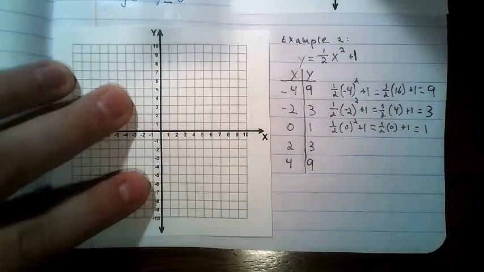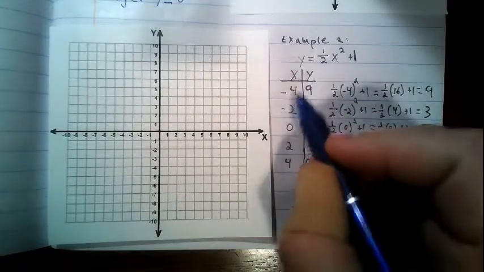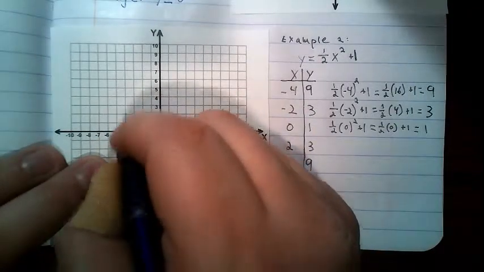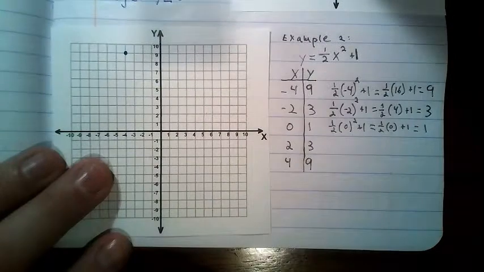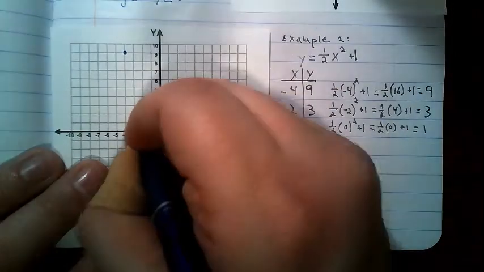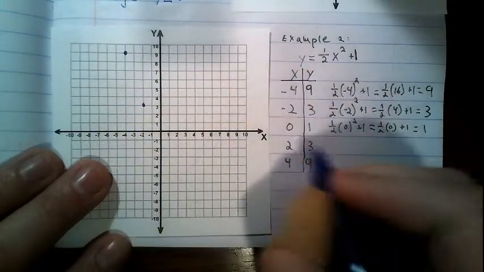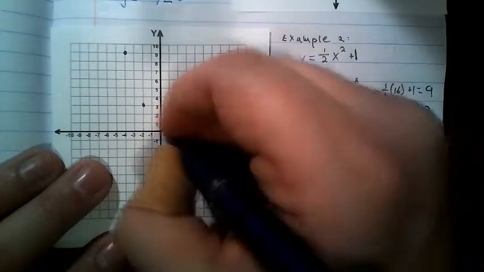Okay? So let's plot these points now. Negative 4, positive 9. So negative 4 up to positive 9. And negative 2, positive 3. 0, 1. 2, 3.